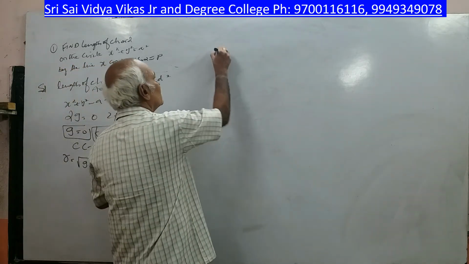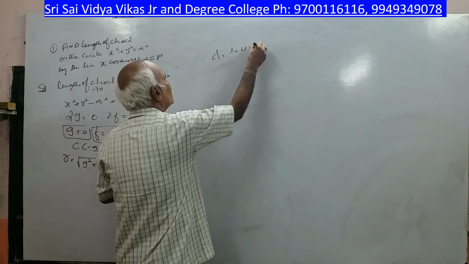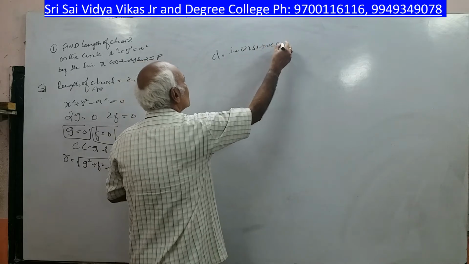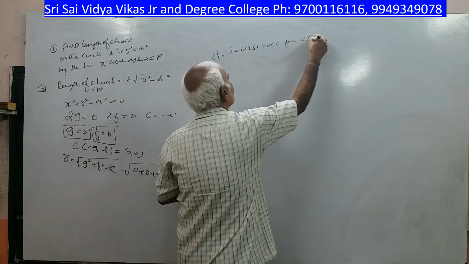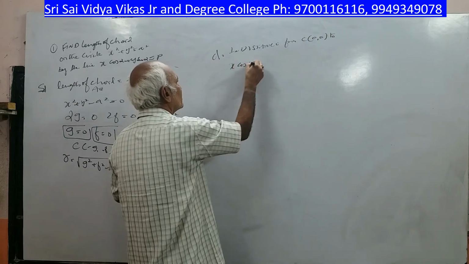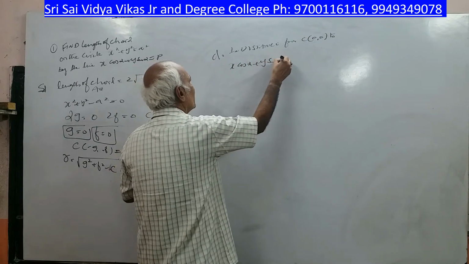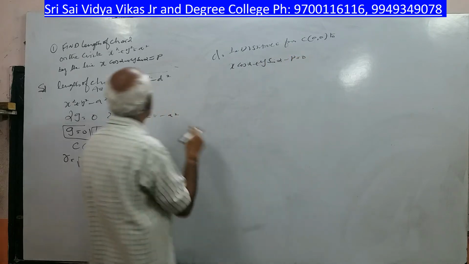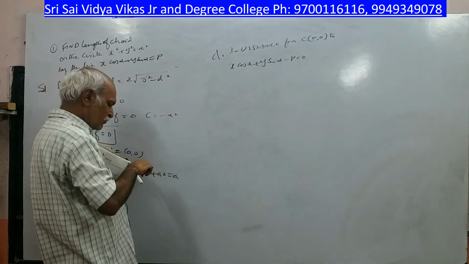And what is the d? Perpendicular distance from center 0 comma 0 to x cos alpha plus y sin alpha minus p is equal to 0. Equal to p only, so we have to write minus p is equal to 0.